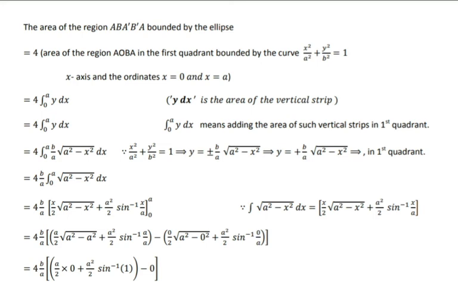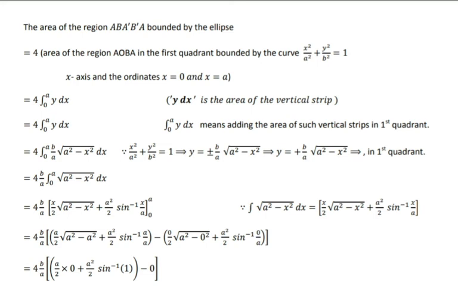Now, as I have said earlier, y can be found from the equation of the ellipse, and we have to express y in terms of x because we are doing it with respect to the x-axis, because dx is along the x-axis.